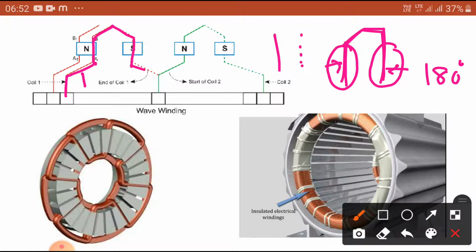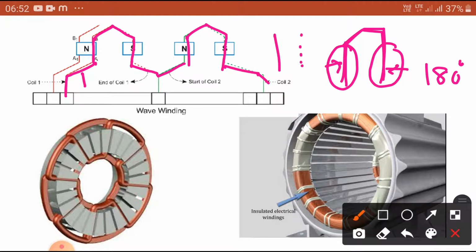So it is connected to another second coil placed at 180 degrees displacement, under the north pole. Now once again it is connected to another coil. The second end of the second coil is connected under the influence of the south pole, in such a way that it is represented as a wave.